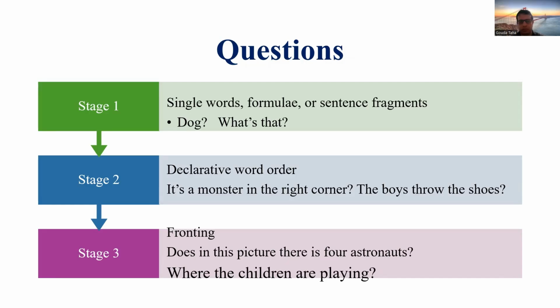For example, "does" in this picture there are four astronauts, or "where" the children are playing. So here we don't have a fully and correctly formed question, but we have the initial stages of forming a question, which is the idea of fronting.